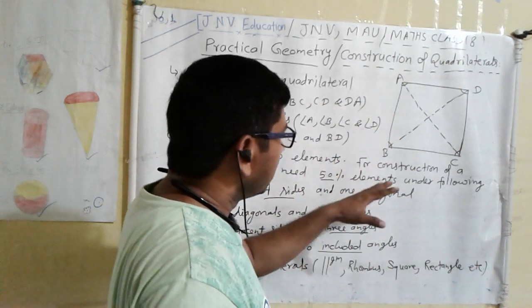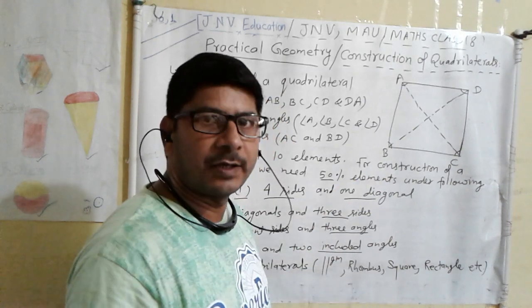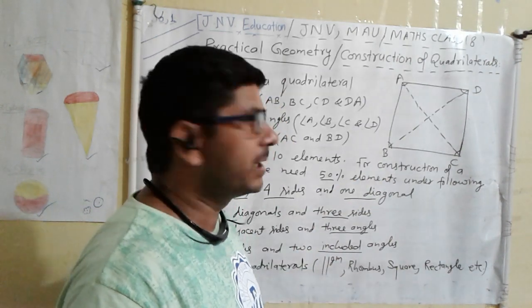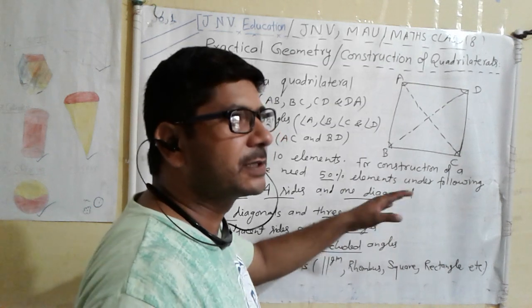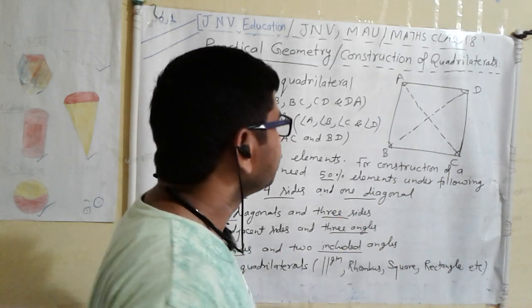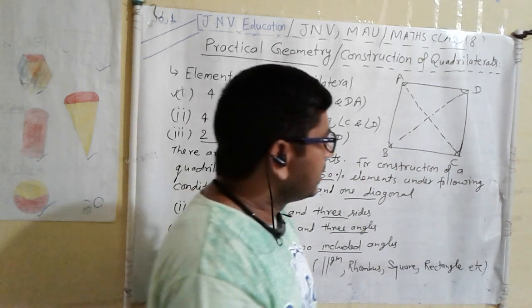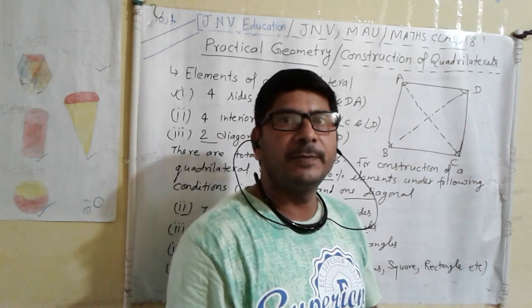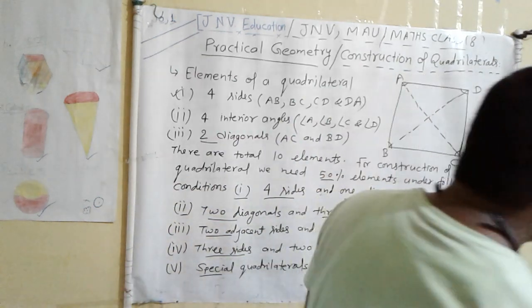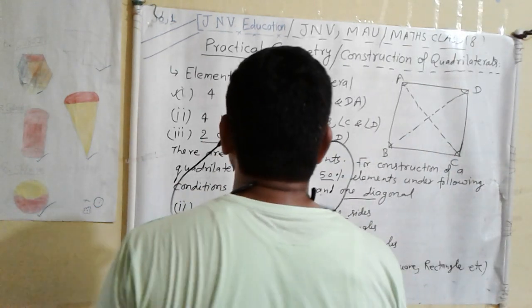So this is the basic concept that we have to keep in our mind before starting the construction of the quadrilateral. So let us discuss the procedure of construction under first condition.